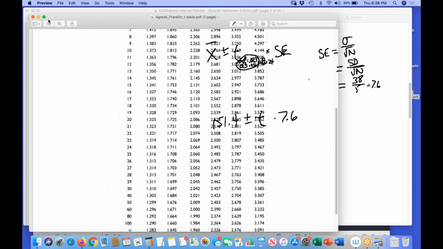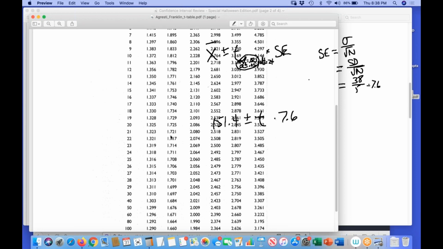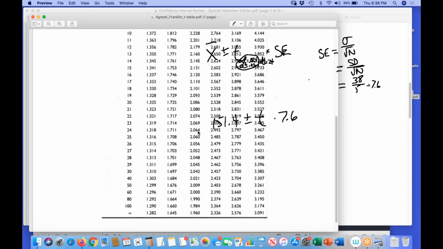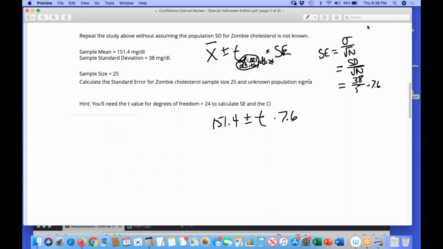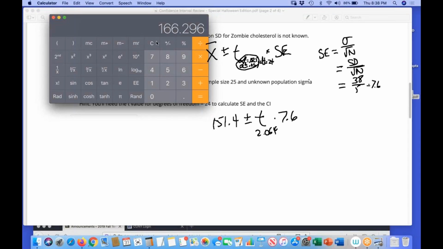I was just demonstrating how we would do this, and that was 2.064. So let me get my calculator out: 2.064 times 7.6.